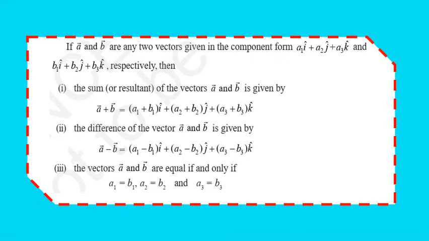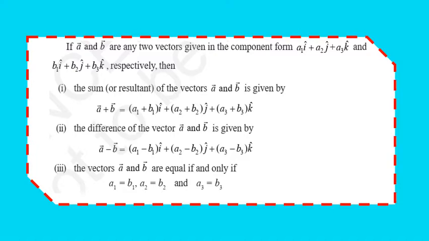So if we have two vectors A and B given by a1 i plus a2 j plus a3 k and b1 i plus b2 j plus b3 k, then the sum or the resultant of the vectors A and B is given by vector A plus vector B, which will be equal to adding their corresponding elements, that is (a1 plus b1) i plus (a2 plus b2) j plus (a3 plus b3) k.